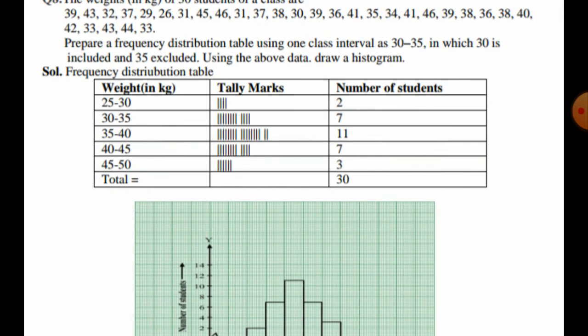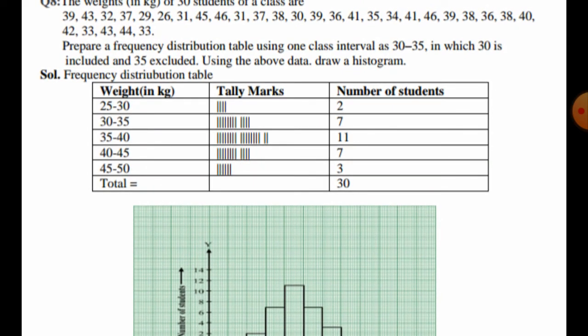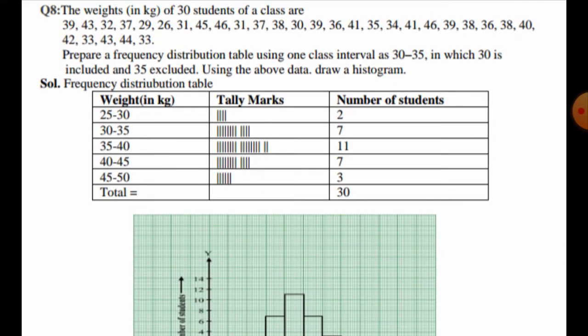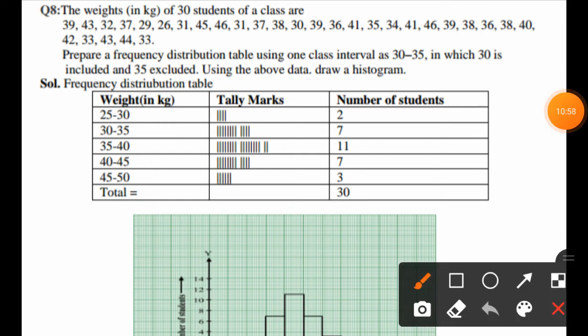So first of all we will make a frequency distribution table like this. Here 25 to 30, 30 to 35, 35 to 40, 40 to 45, and 45 to 50. The number of students are given here: 2, 7, 11, 7, 3, and the total is 30.